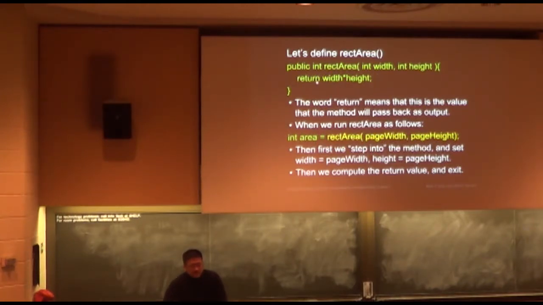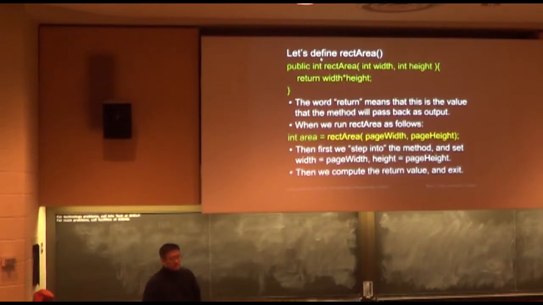So return is this new special word that we're learning, which is saying exit this method with this output. So in this case, the output is going to be width times height, which is going to be my rectangular area. And this has to evaluate to the same type that's defined in the method declaration.